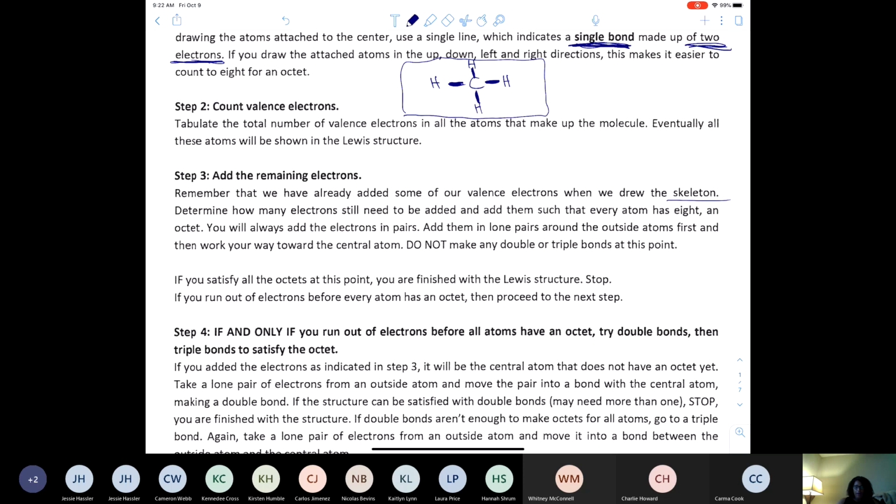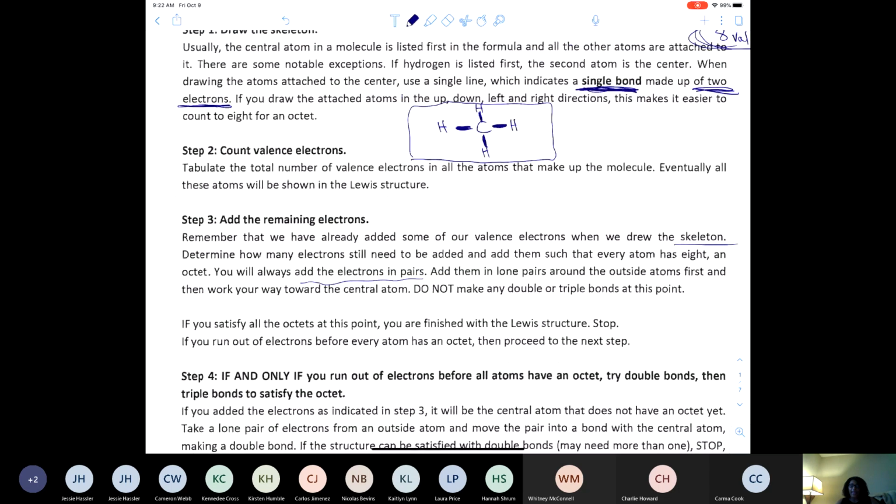Then I would add these remaining electrons in pairs, as lone pairs around the outside atoms first. For methane, carbon is the central atom. These 4 hydrogens are called the outside atoms. In some textbooks, you'll see them also referred to as peripheral atoms. Those are the ones that surround the central atom.